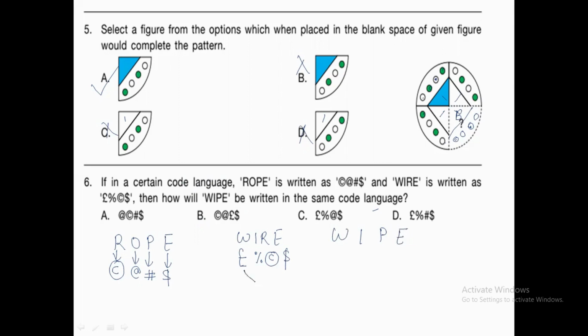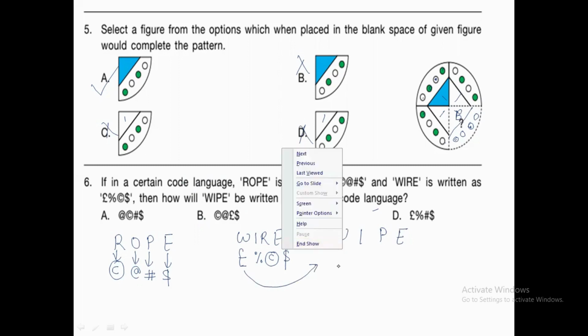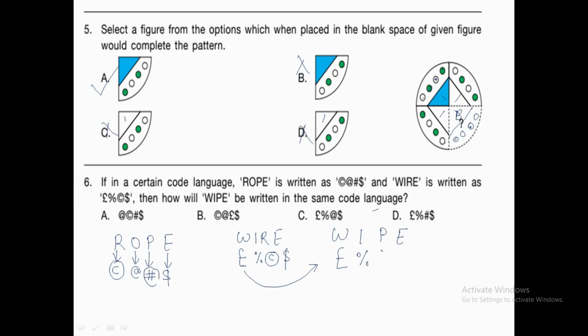W means this pound sign, which will come here. I means this percent sign. P means this hash sign. E means this dollar sign.